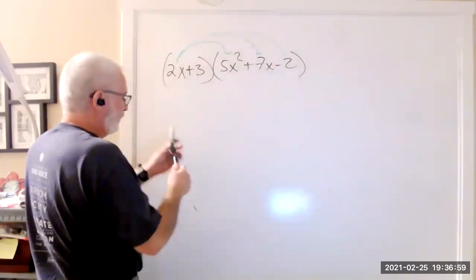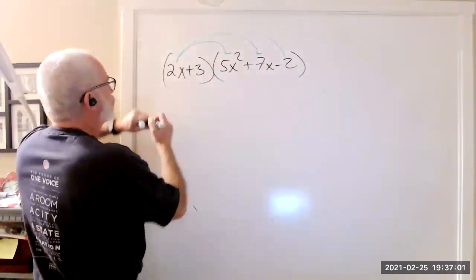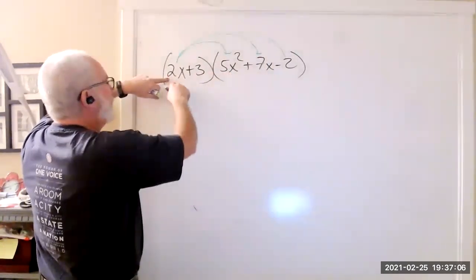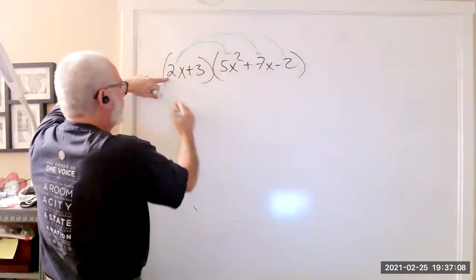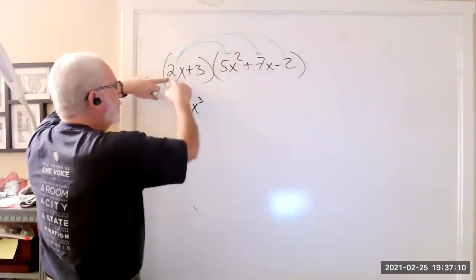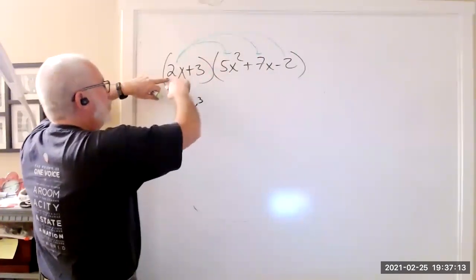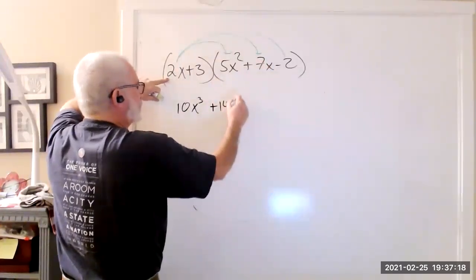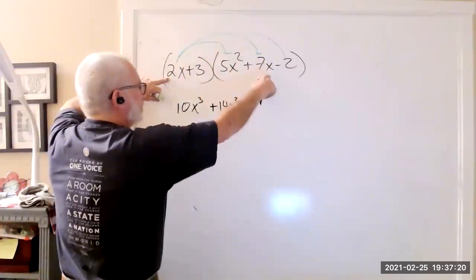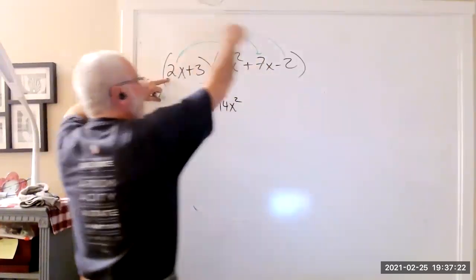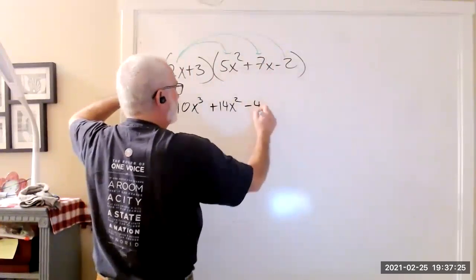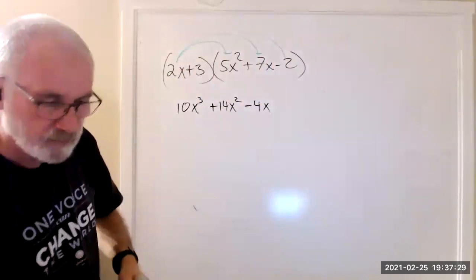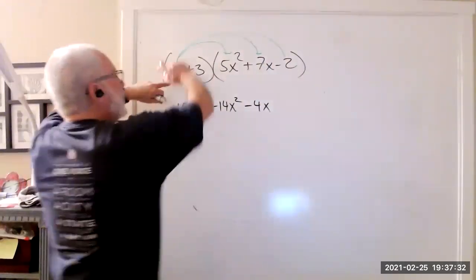So let's do that very slowly. 2x times 5x squared is 10x to the 3rd. 2x times 7x is 14x to the 2nd. 2x times minus 2 is minus 4x. Then we say, I've distributed the 2x to everybody.